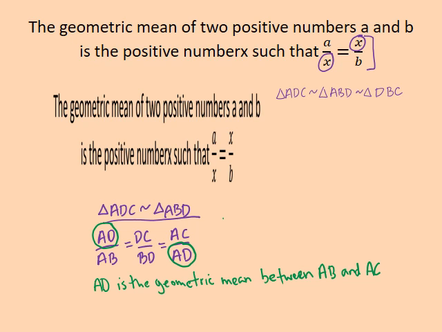Because if you separate the proportion, you have AD divided by AB equals AC divided by AD. Since AD occurs twice, once in the numerator and once in the denominator, it's the geometric mean between AB and AC.